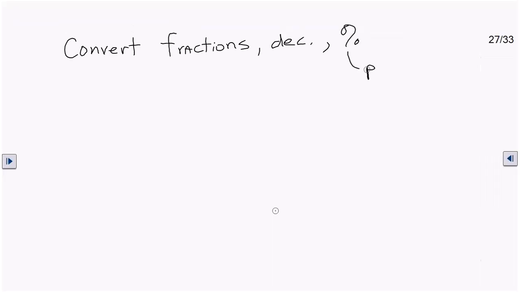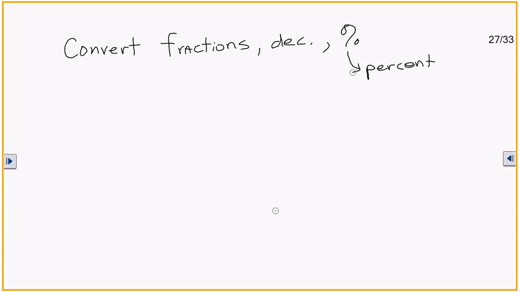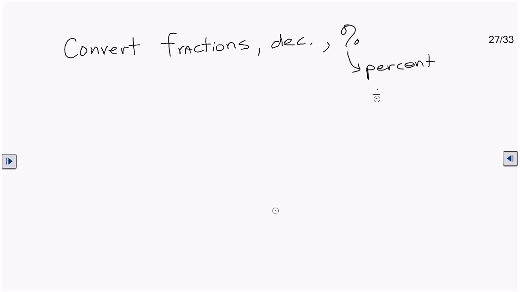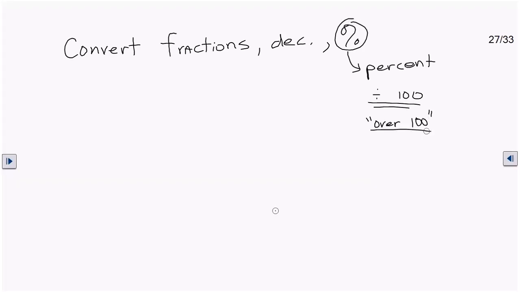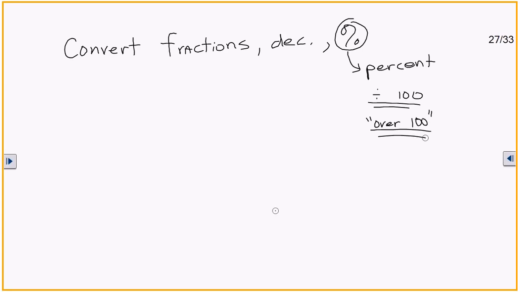Percent is the word that is given by this symbol. That's a percent symbol. It means percent. Percent means divided by 100 or over 100. So whenever you see the word percent or that symbol, you can take that number and put it over 100 and start your conversion.